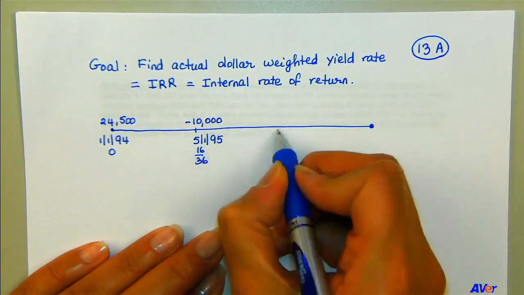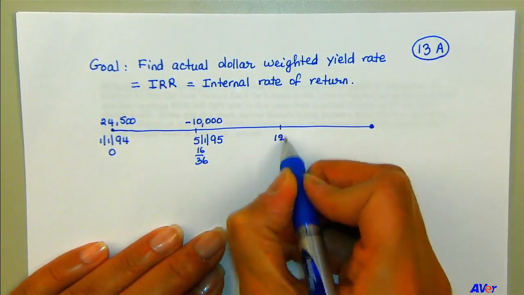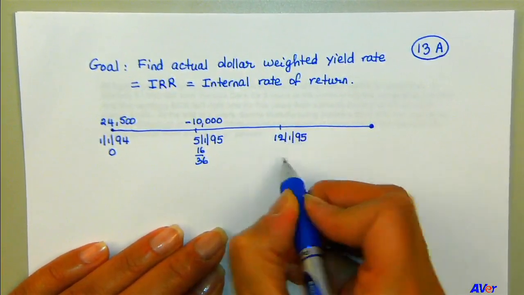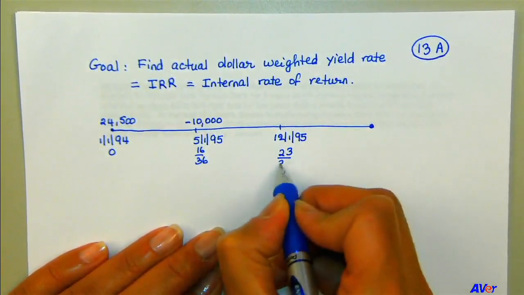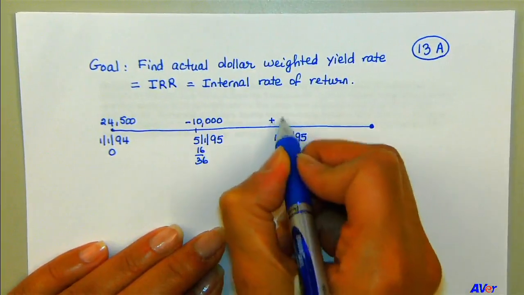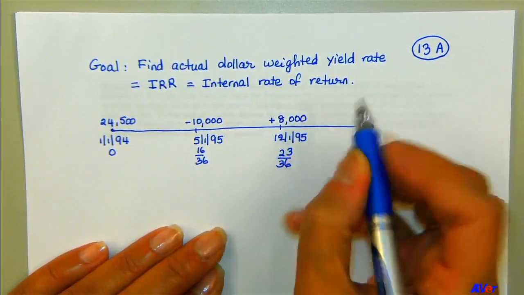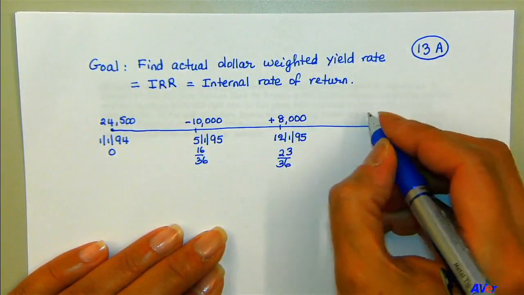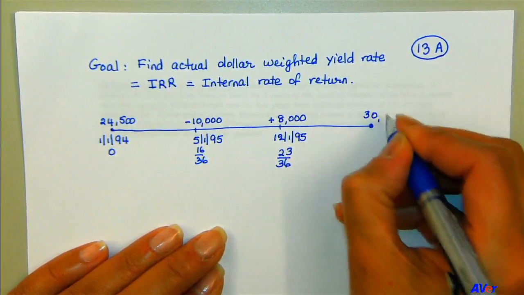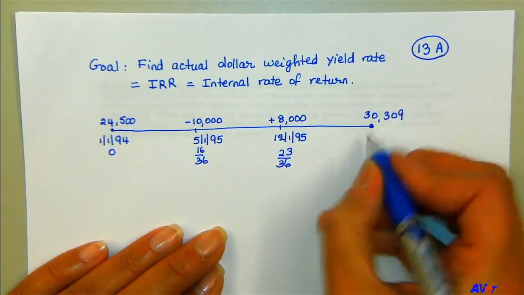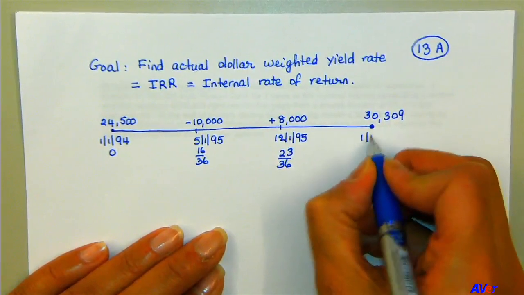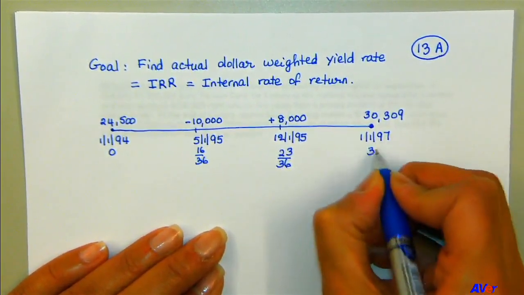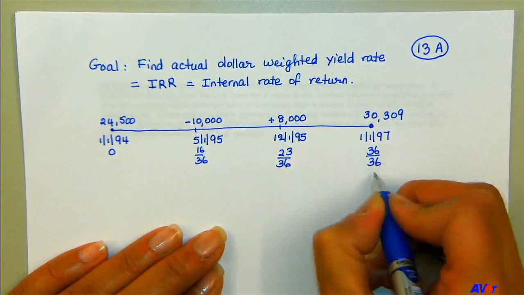And then at 12/1/95, time 23 over 36, positive 8,000. And I ended up with 33,009 at time 1/1/97, which was 36 over 36, which was time 1.